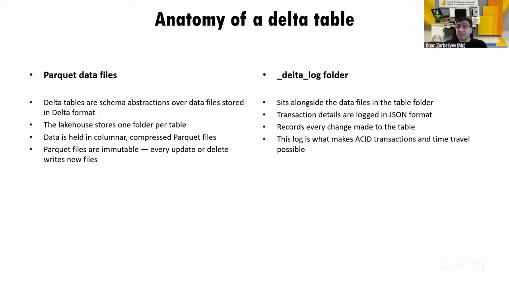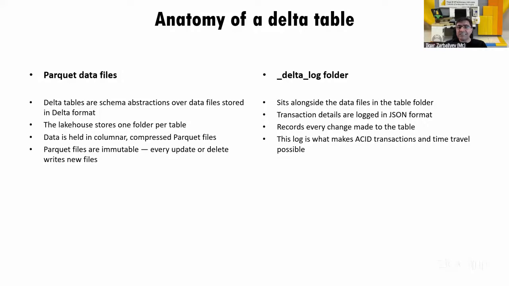For each table, the lakehouse stores a folder, and inside that folder, there are two things worth knowing about. The first is a set of Parquet data files. Parquet is a columnar, compressed, open file format, and it's extremely common in data lake ingestion pipelines. One important property to remember is that Parquet files are immutable. You never edit one in place.